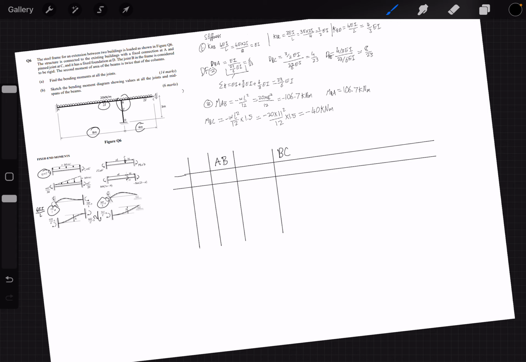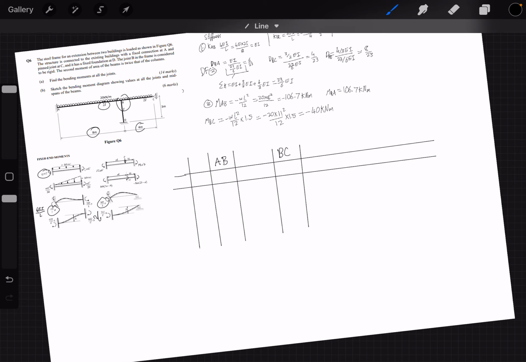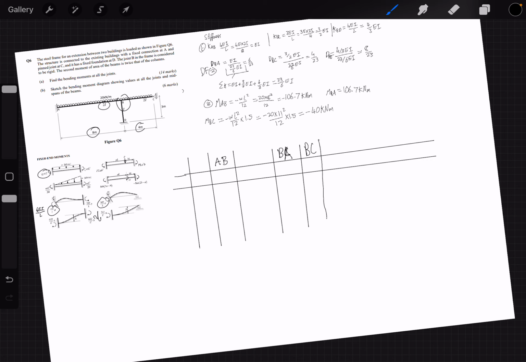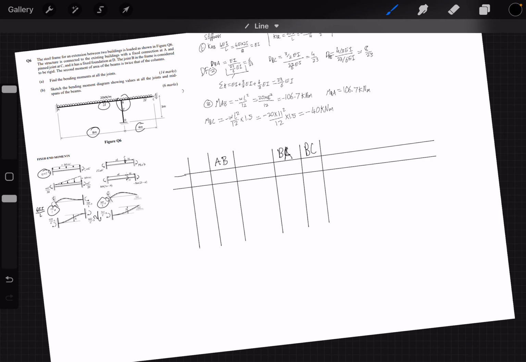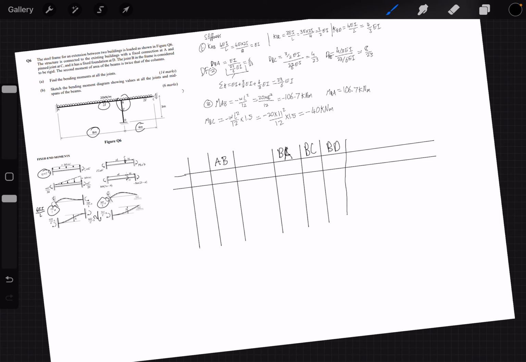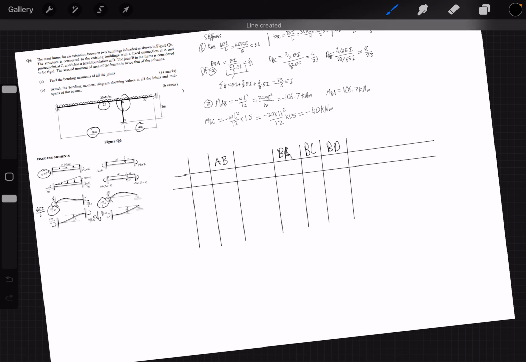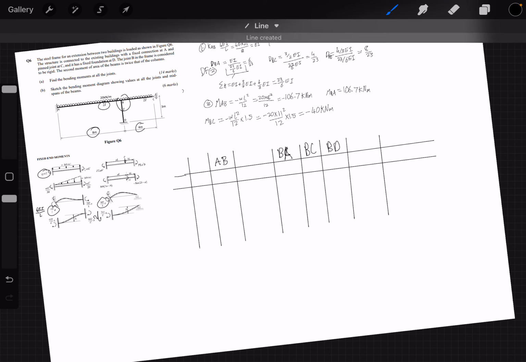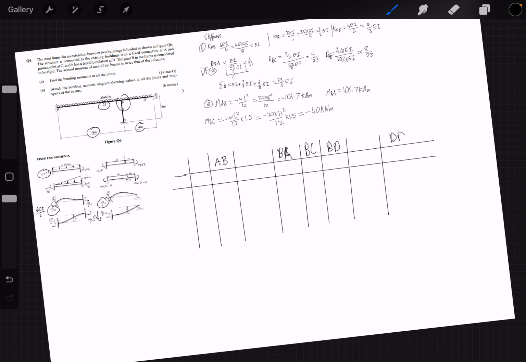So B, C, and then let's just do it here. Oh sorry, that's actually BA, and then BC here, and we've got BD. Perfect. Oh, that's gone weird. And then we should just have our final thing here.